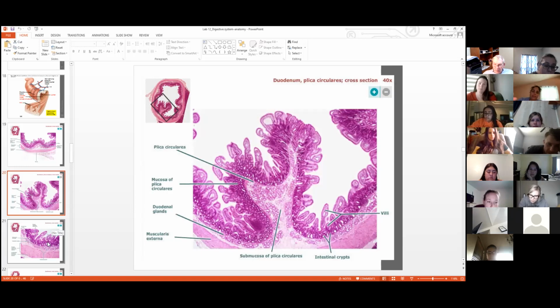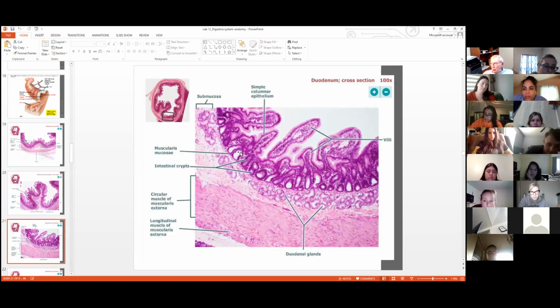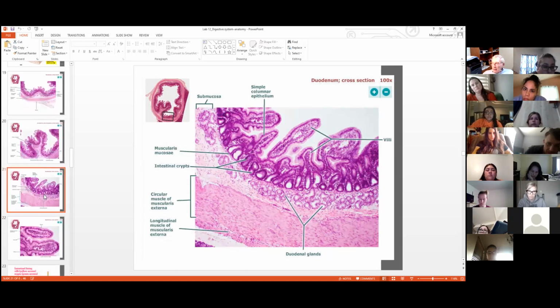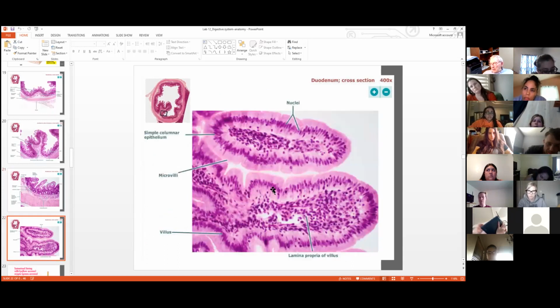So in any of these, we should be able to see villi, and we can see where crypts are. These spatial areas are where the crypts are going to be. And I will pick out a good diagram. This one shows you the cells. You're responsible for the cell types here.